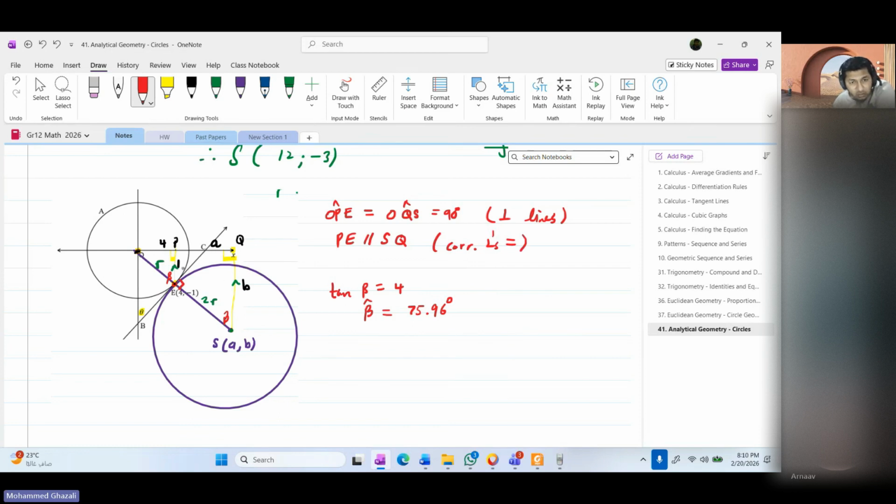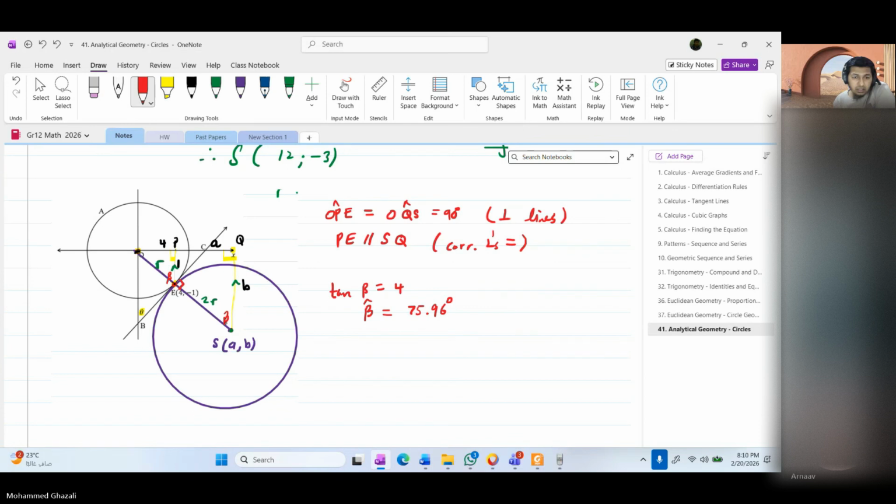Can you see angle P and angle Q? You can call it angle P1 and angle Q1 instead of using this 3-point notation. So we're saying tan beta is equal to 4, beta is equal to 75.96 degrees. Now we are here, right? We have an angle.